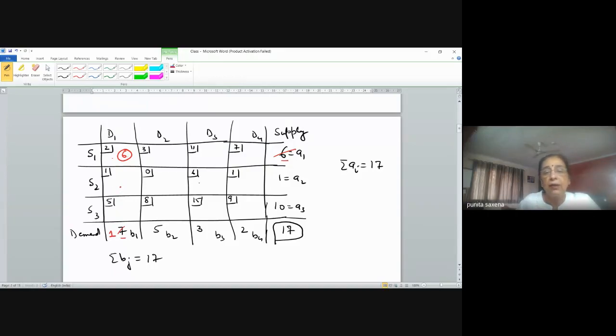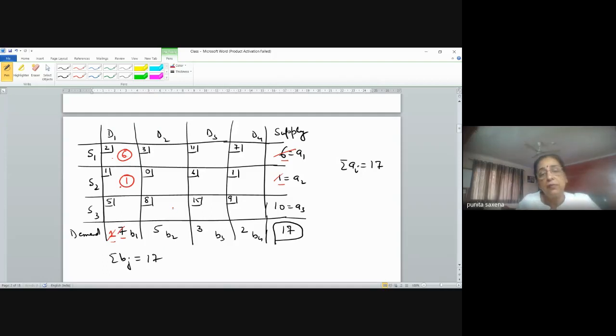Now again, it has to be the minimum of A2 and B1. Now see, they are equal. So we allocate 1 here. As a result, this gets exhausted and this also gets exhausted. So we have to move diagonally because I cannot move down. I have to move in this direction.